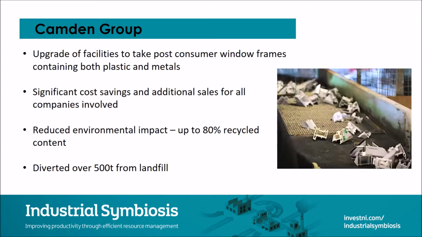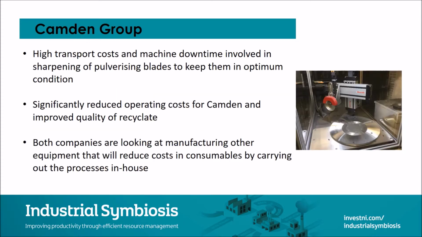They used the IS service to identify sources of post-consumer and post-production materials. Once the recycling facility was set up and running, the company began to receive the recyclable materials, shredded it and pulverised it into a fine powder to be incorporated into the new product. On a routine follow-up visit from the IS service, Camden mentioned that it was having problems with getting the pulverising blades sharpened.